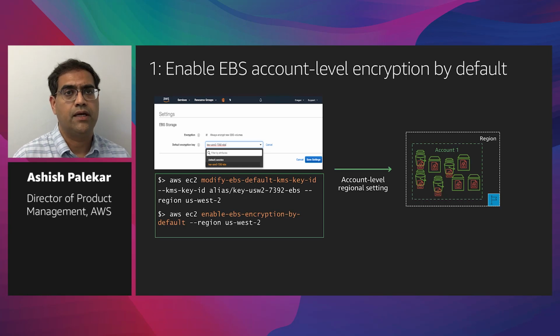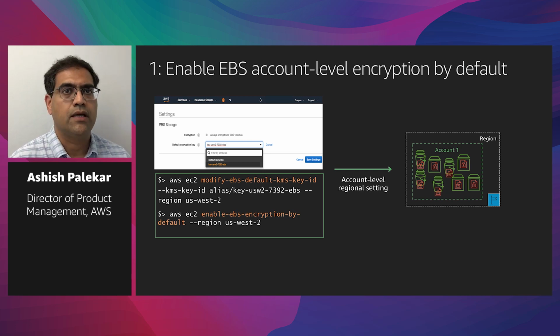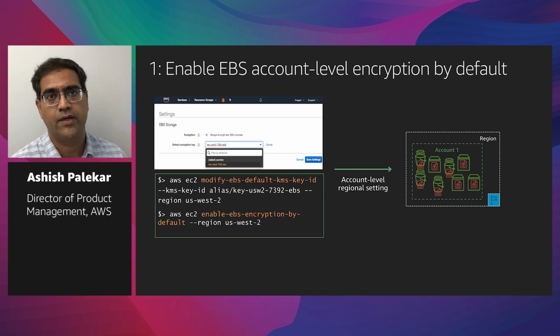So the first innovation that I'm going to talk about is enabling account-level encryption by default. So some of our customers want to ensure that all EBS volumes are encrypted. And prior to this release, what customers had to do was essentially create IAM policies that prevented their customers from launching volumes that were unencrypted.